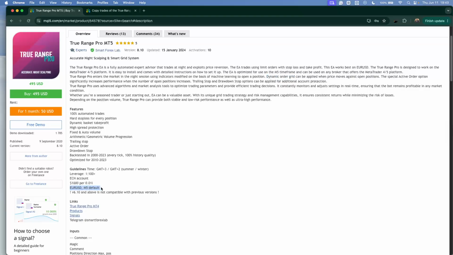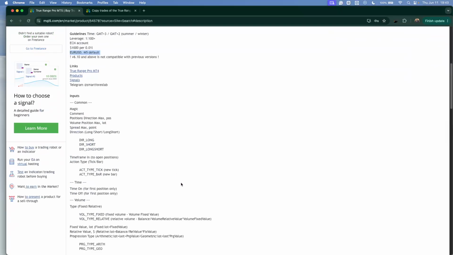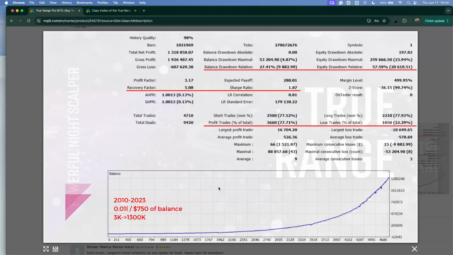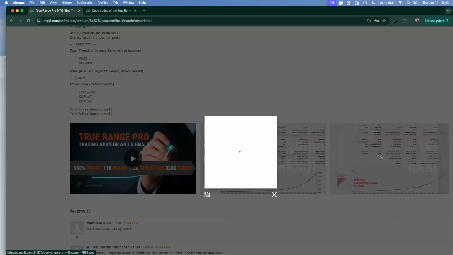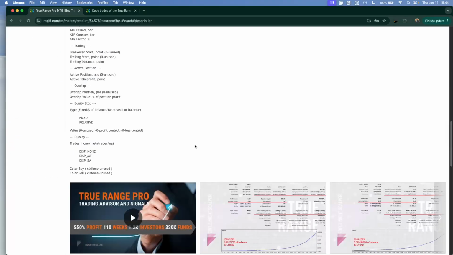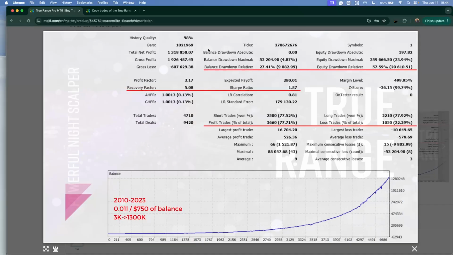Like I said, it's the default and backtested extensively from 2000 to 2023, and we have some strong results which they said, like turning an initial deposit of $3,000 to over $1 million, 1.3 million in net profit, profit factor of 3.17, and also the win rate is around 77% and solid recovery.